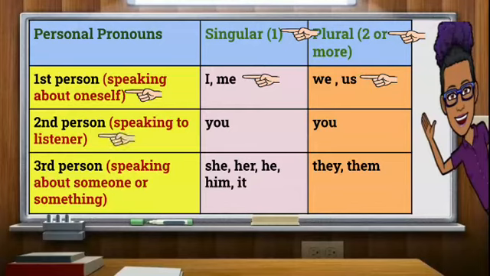Plural, more than one, first person, we have we and us. Second person, when you're speaking to a listener: singular would be you, and plural, more than one, will also be you. Third person, when you're speaking about someone or something: singular, you'll have she, her, he, him, and it. Plural, third person, you have they and them.